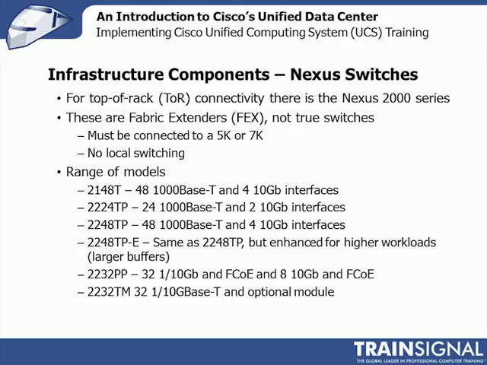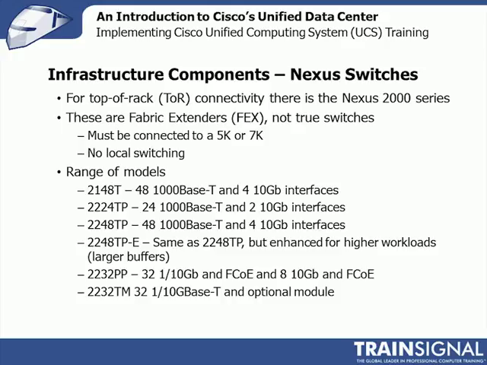So you can take a pair of 5500s, for example, as a small core, and then we'll put Nexus 2000s in top of rack for legacy 1 gig connectivity. To manage those, I SSH into the 5500s. Then I can manage all my Nexus 2000s. I don't have to do them as individual switches. They look like modules off of those switches. So it's a really neat configuration, very low maintenance, very low management.